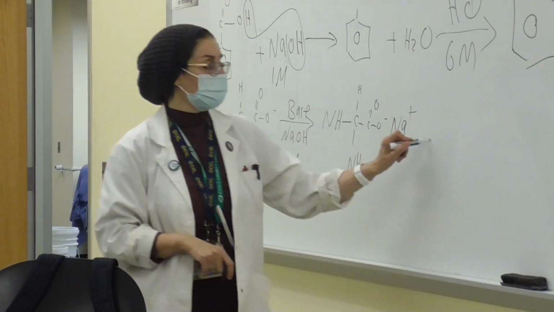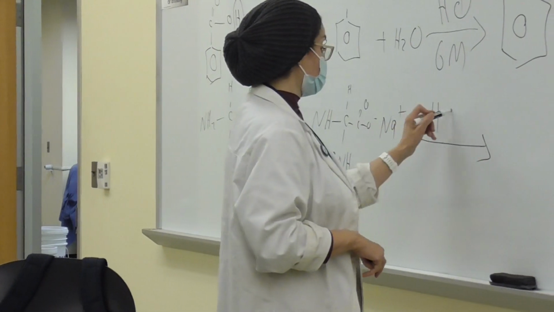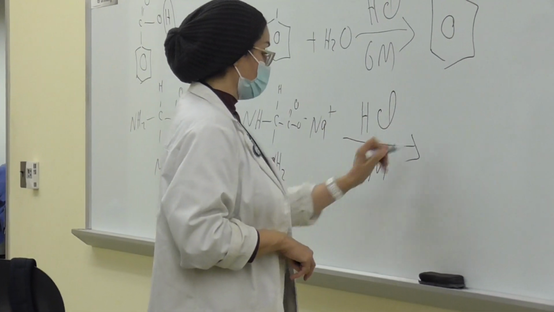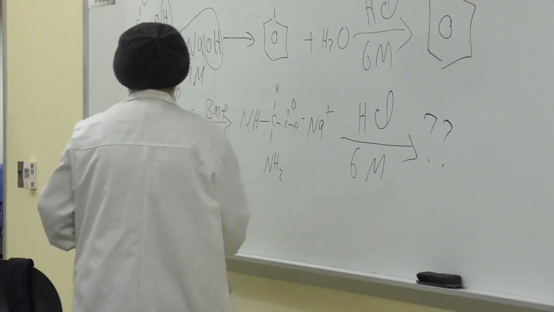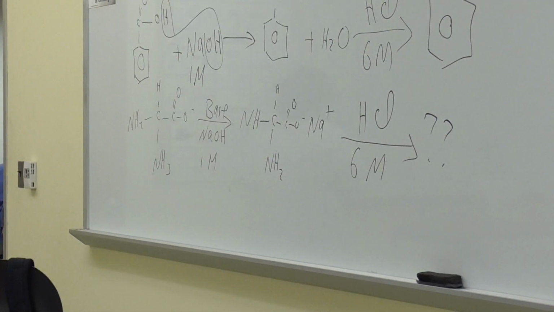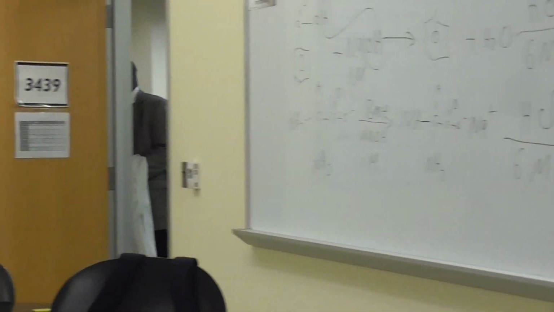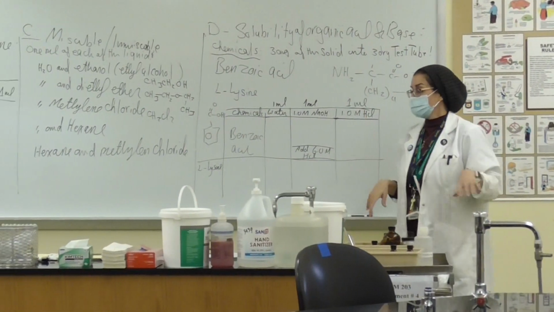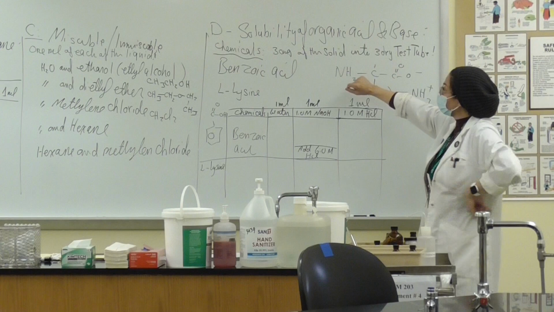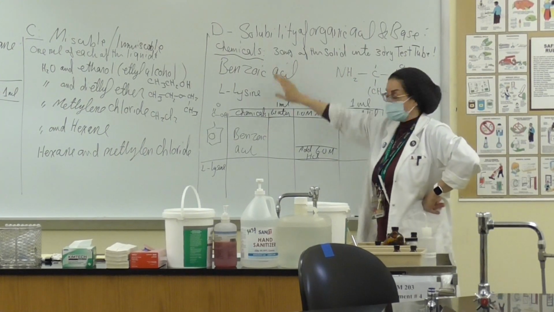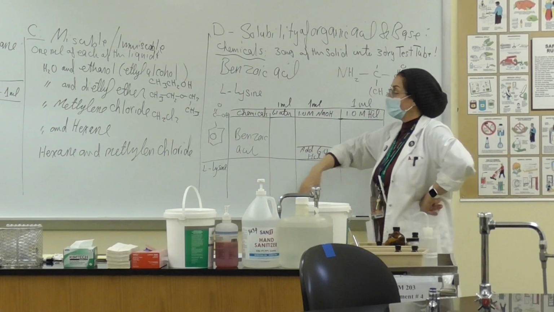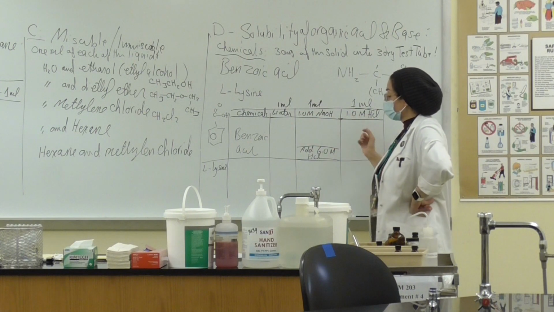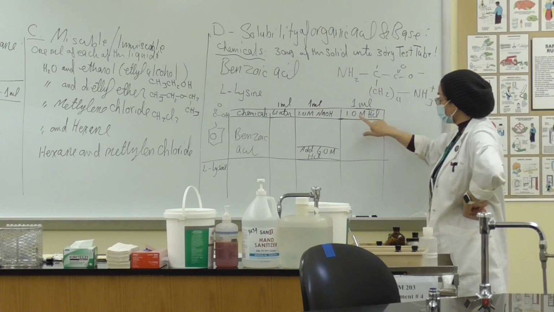Now, when you add HCl again, which is 6 molarity, what's going to happen? Okay? This is exactly what we are going to do. I tried to explain it to you. Again, we're going to have 30 milligrams for each one of those chemicals. And then we are going to experience that here it is exactly the same.